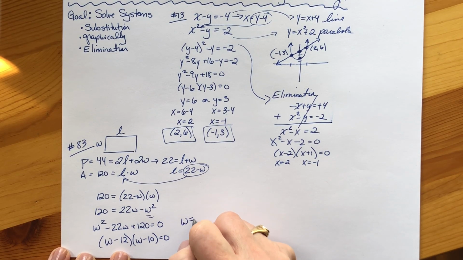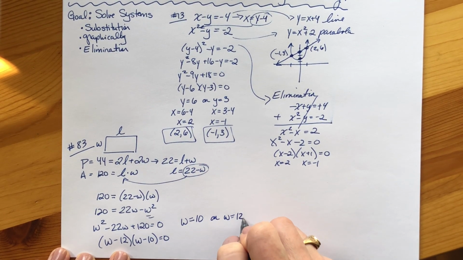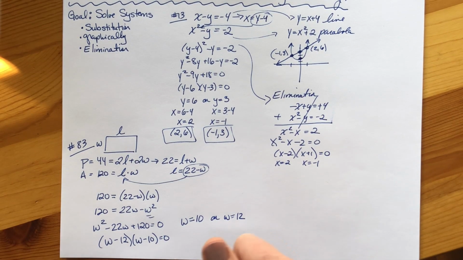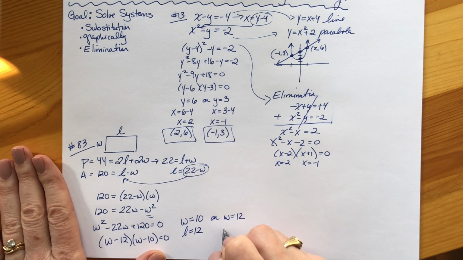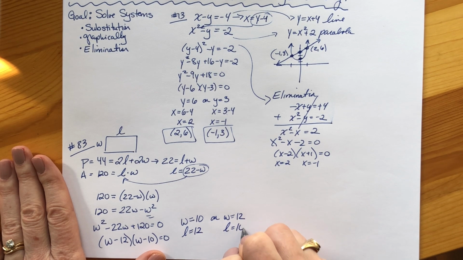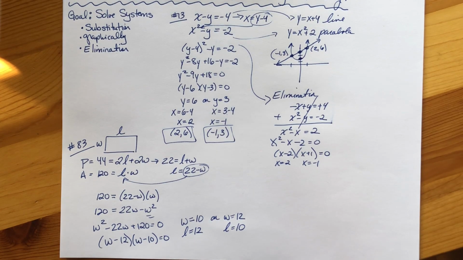W is equal to 12. And what you're going to end up doing is figuring your length from that one is going to be the opposite. So does it matter which one I call the length? Not at all.